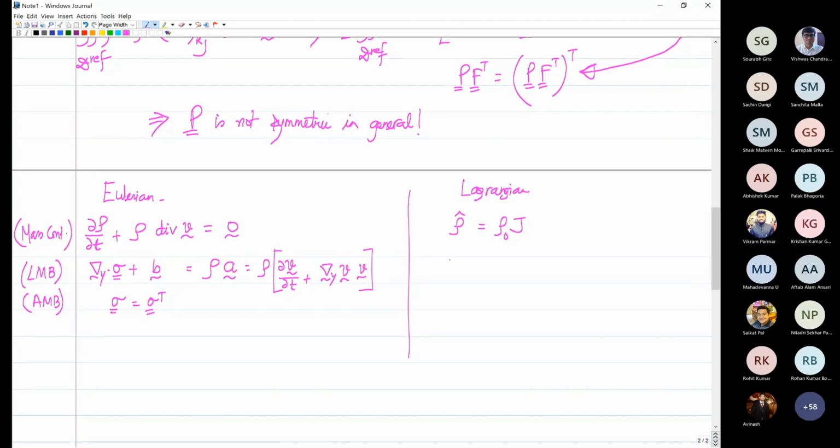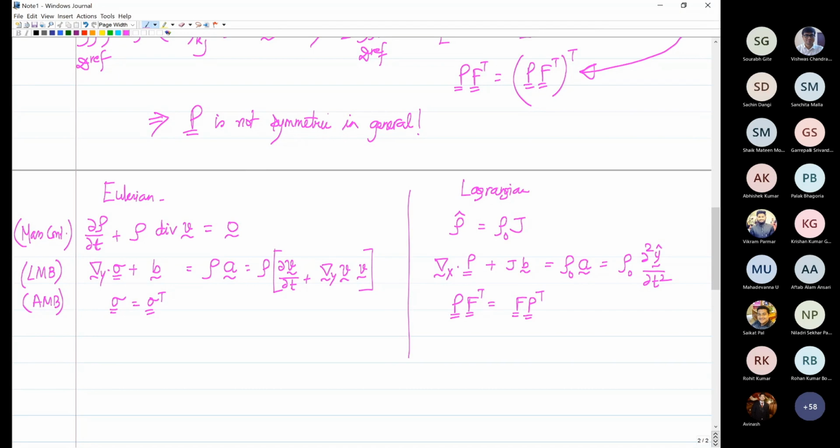Then the LMB is divergence with respect to X of first PK plus J times the body force b, and that's equal to rho naught times acceleration. And acceleration has a very simple form here, which is simply del 2 y hat by del t squared. Okay, and finally AMB, which tells me that PF transpose is equal to FP transpose.